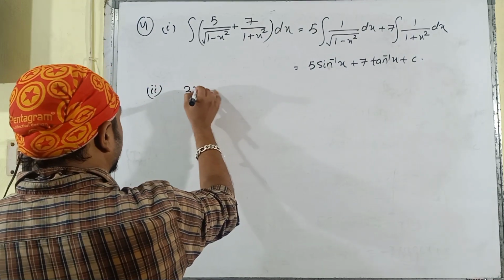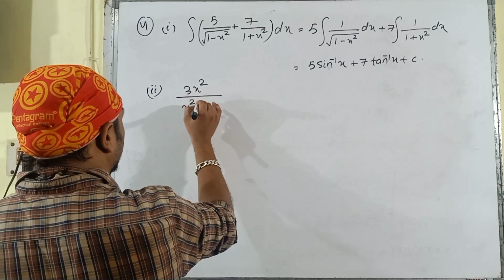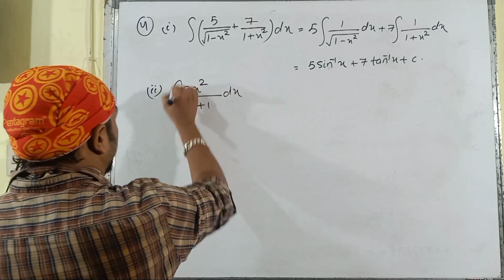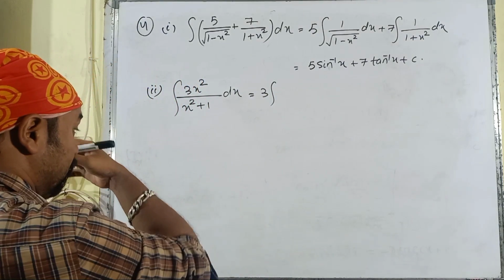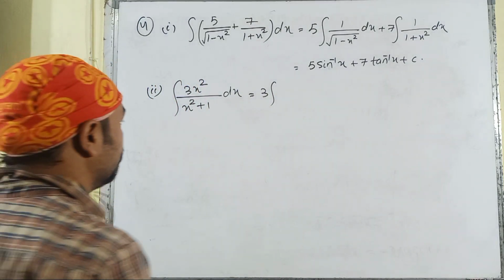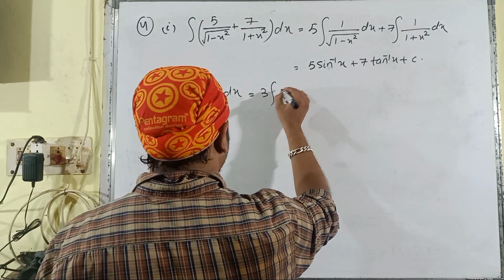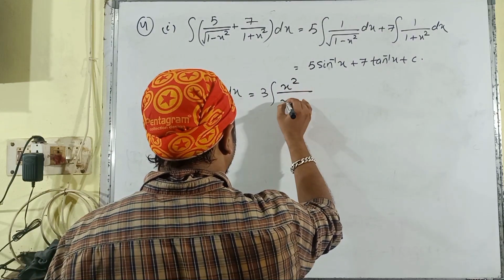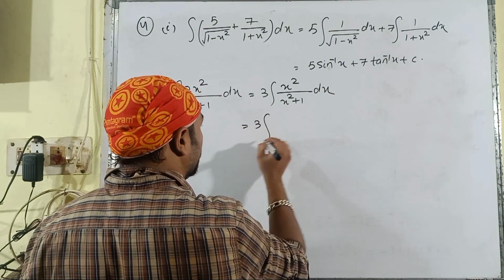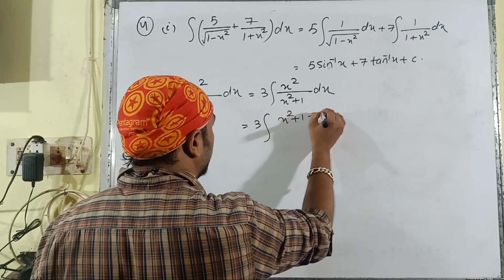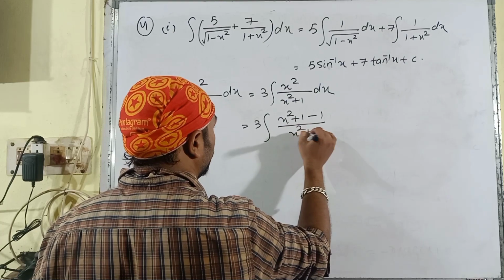It is 3x square divided by x square plus 1 and its integral. Then as 3 is a constant, it will be carried out to the outside of the integral sign. Then the remaining part is 3 multiplied with x square divided by x square plus 1. 3 multiplied with x square plus 1 minus 1 divided by x square plus 1.